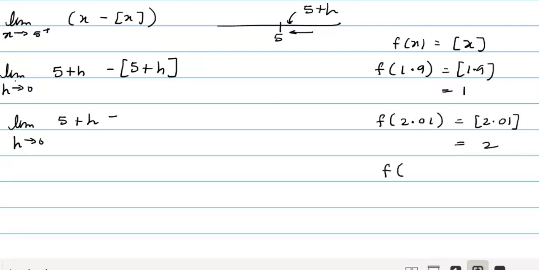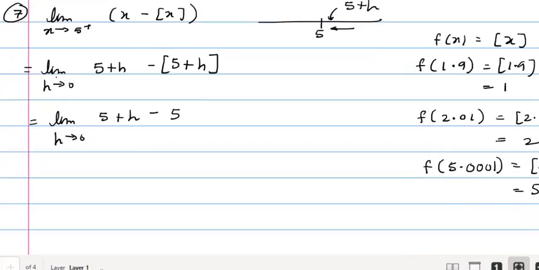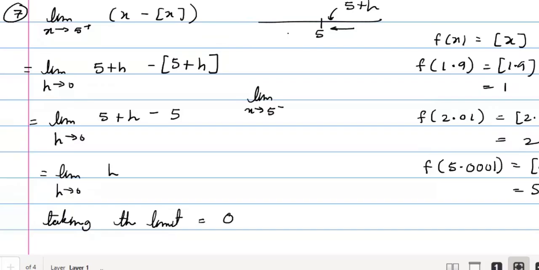So when I'm plugging in a number 5 plus h, that is 5.001, for example, what does it give me? It will give me just 5. So the answer is h, and then when we are taking the limit, we get 0. Now the limit as x tends to 5 from the left, what answer will this give us?